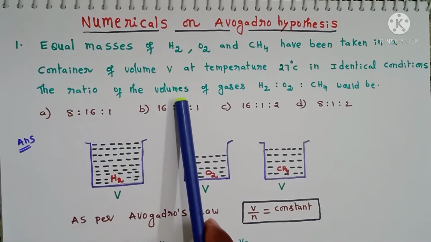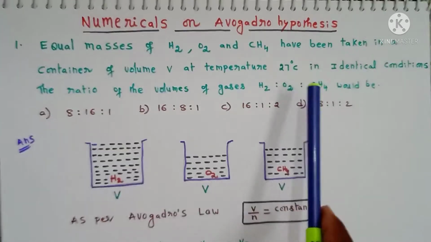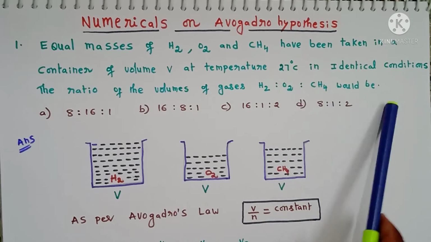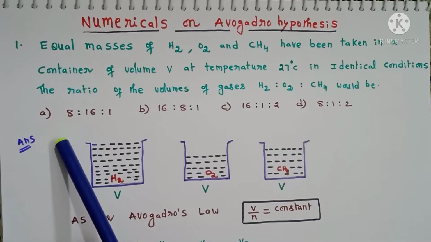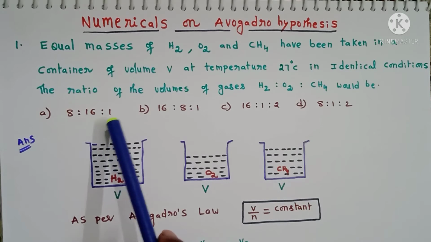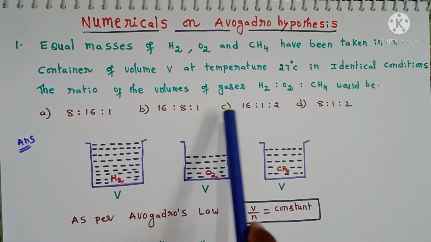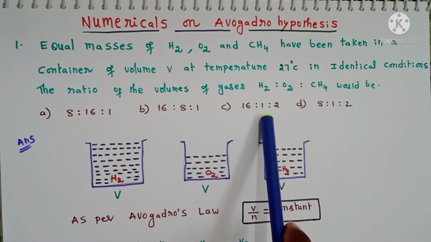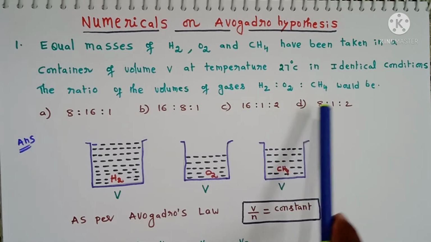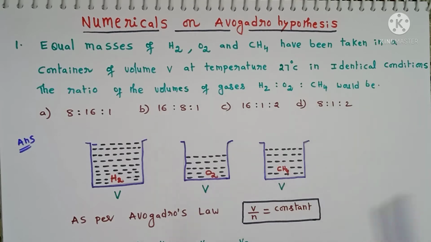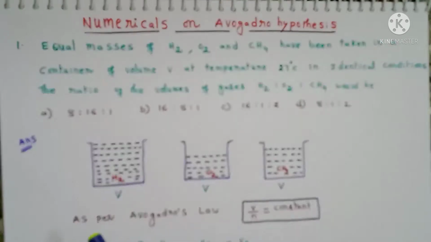The ratio of the volumes of gases hydrogen, oxygen and methane would be option A, 8:16:1, option B, 16:8:1, option C, 16:1:2, option D, 8:1:2. See students, now coming to the answer.